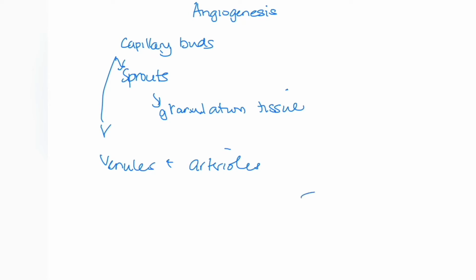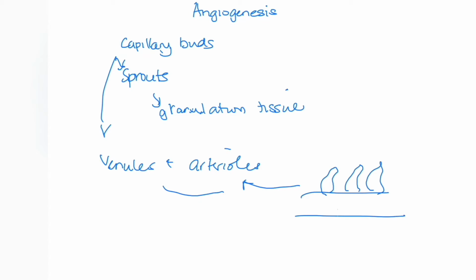So we have something that's called granulation tissue, from which these new venules and arterioles are formed. So the granulation tissue gives rise to sprouting, or capillary buds, right? And these capillary buds or sprouts lead to the formation of your venules and arterioles, which are small veins and arteries, to give the area blood supply.